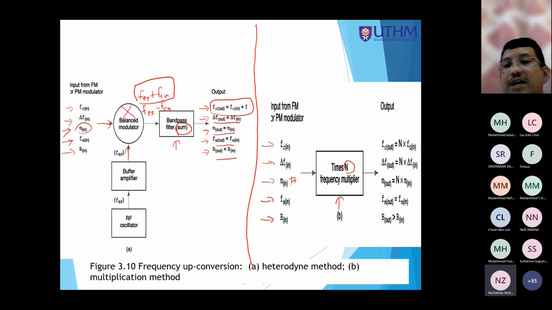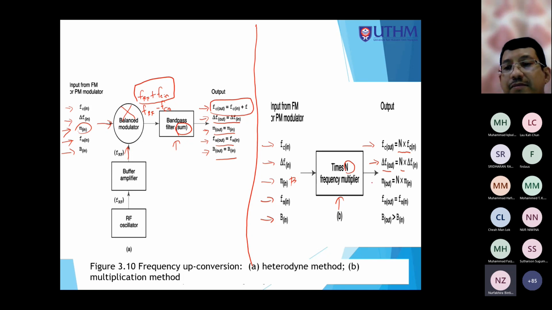So what happened at the output? All the frequencies at the output will change. The carrier at the output will be multiplied by a factor of n. Similarly, the frequency deviation at the output, delta F output, would be equal to n times the delta F input.